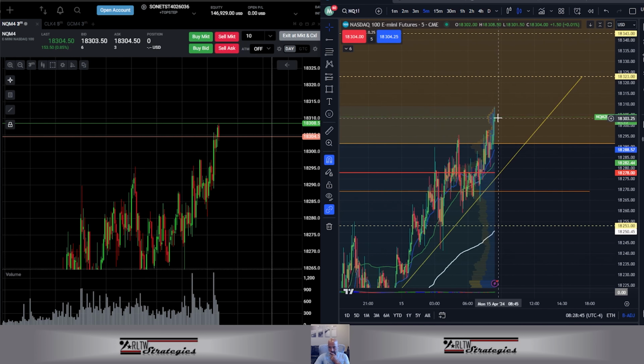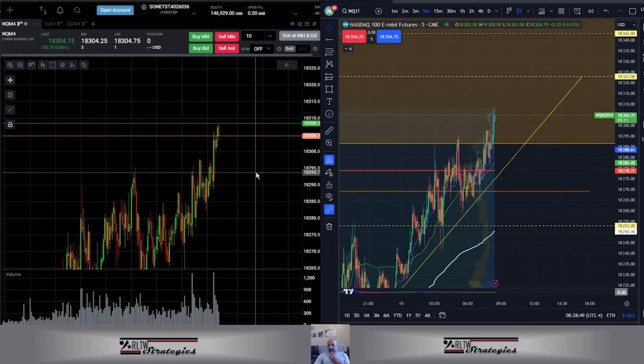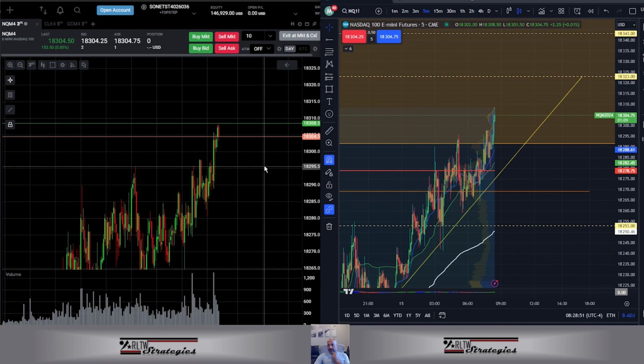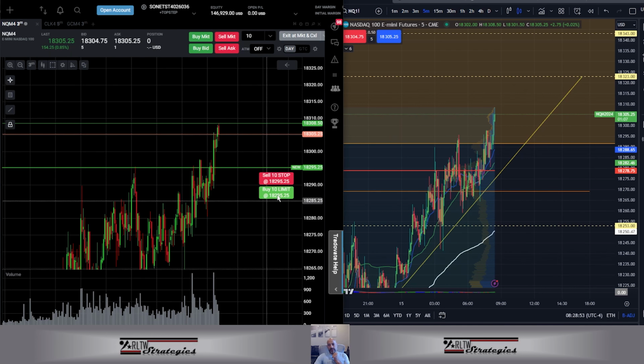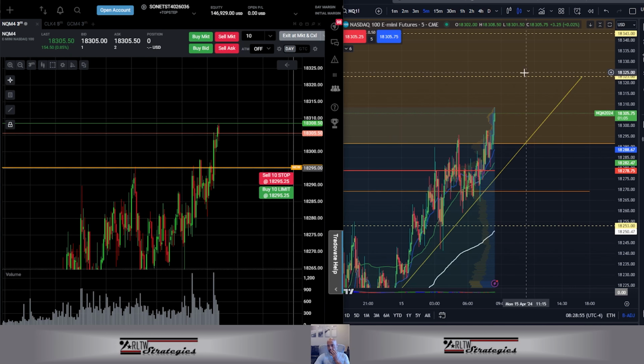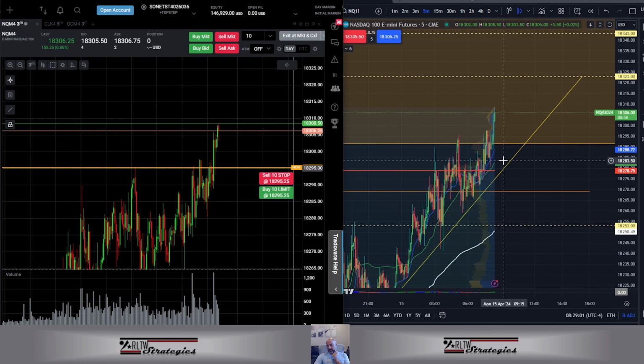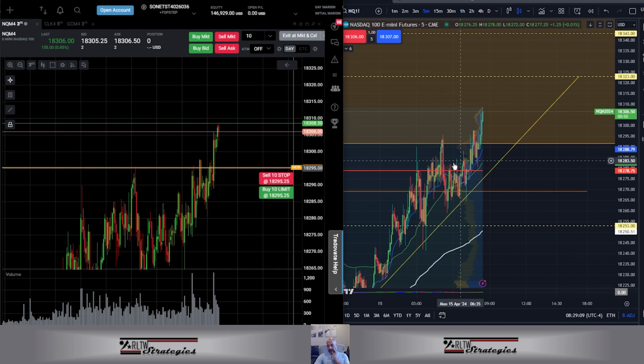So we may come down, retrace down to here in the 18295 area, and then possibly go into a position to go up to this line. If we hit the bottom of this orange box and continue to come down, the next area of a reversal could bounce here. This is the top of that high volume node right here.